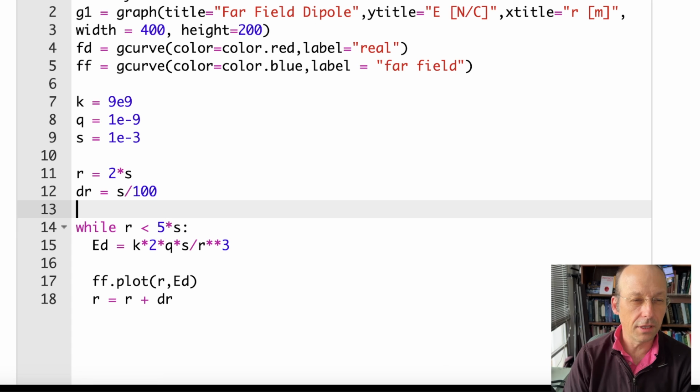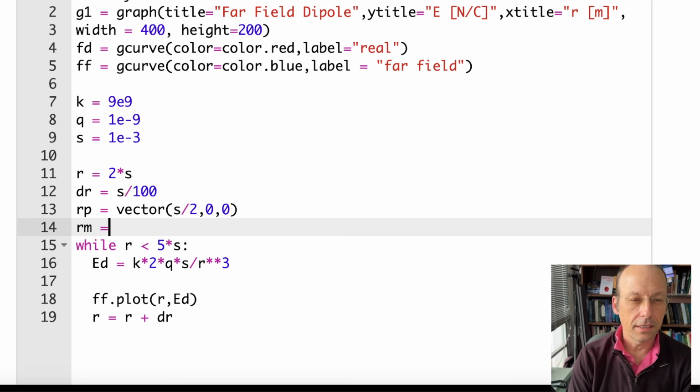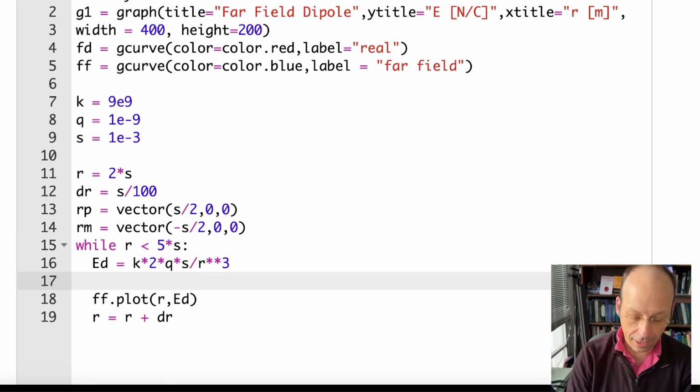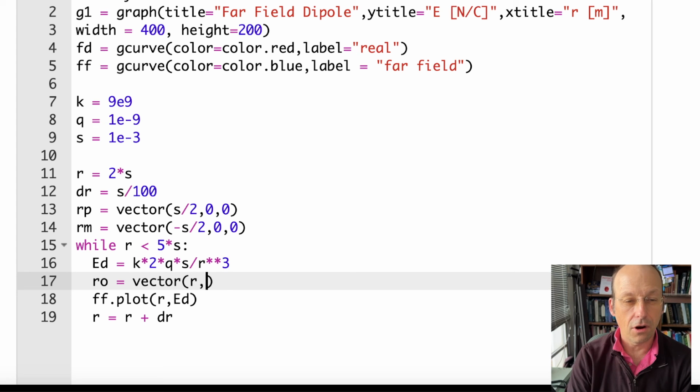So R plus is the vector S over 2, 0, 0. And R minus is the vector negative S over 2, 0, 0. Now I'm down here. I'm going to calculate my observation location. RO is the vector R, 0, 0. So now it matches just what we're doing before.